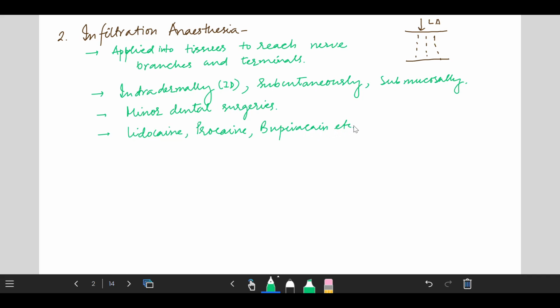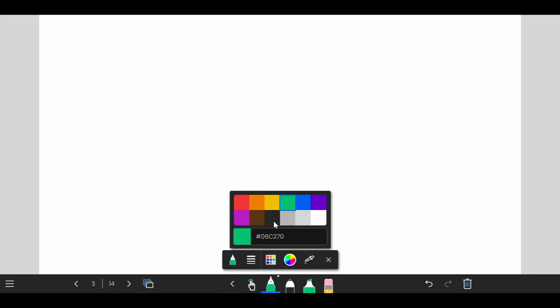Okay. Now, another one is nerve block anesthesia.